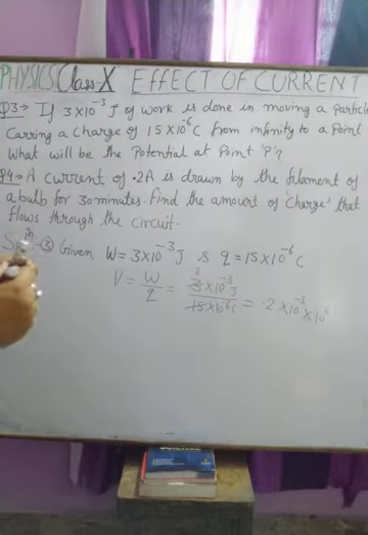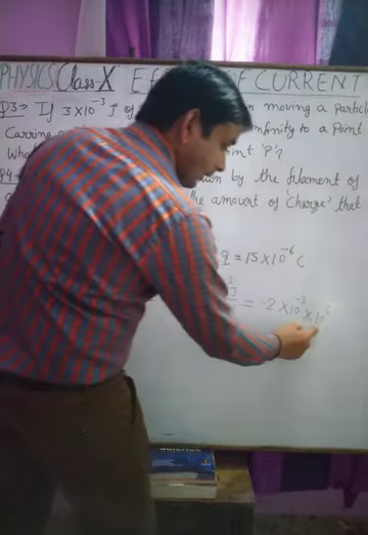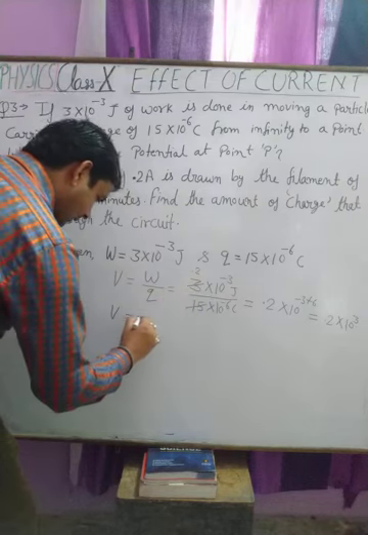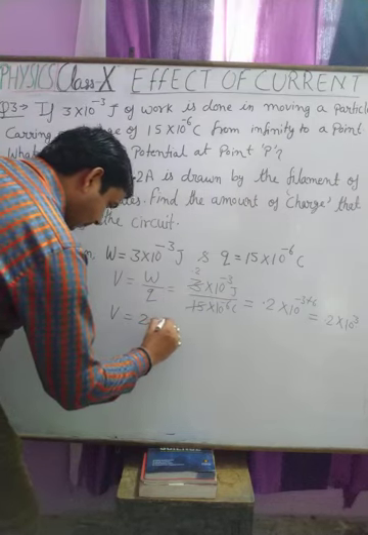Okay, so when we solve the powers of 10, we get plus 6 here. Now we get this value as 0.2 into 10 to the power 3, and on solving this we get the potential at the point P is 200 volt.